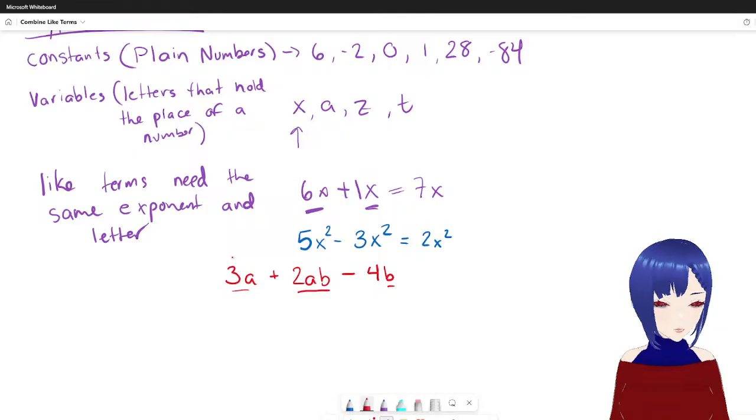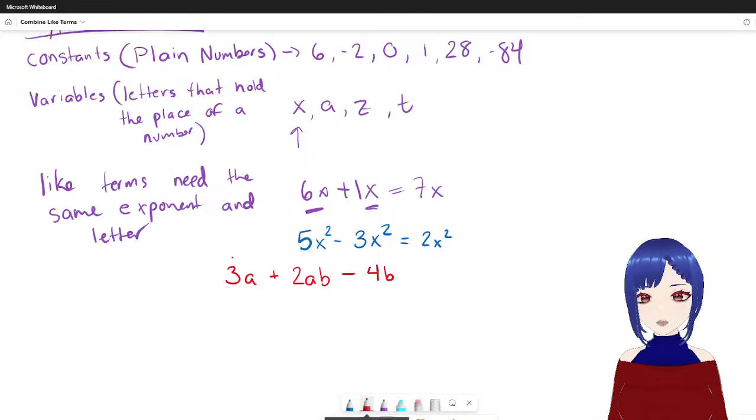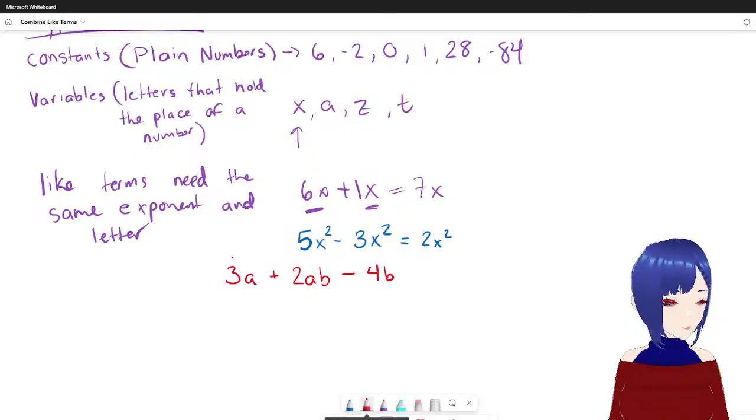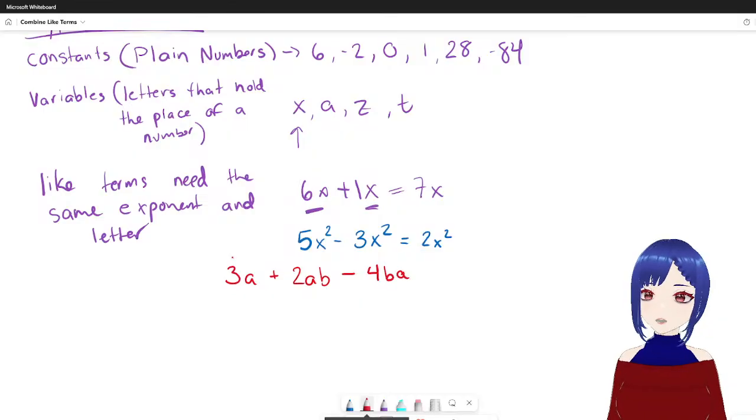So I'm gonna do something that also typically trips people up, and I'm gonna turn this 4 into the like terms. You'll notice I started off by showing examples that weren't like terms and I turned them into like terms. So if I added an A to that 4, now here's the thing that messes people up.